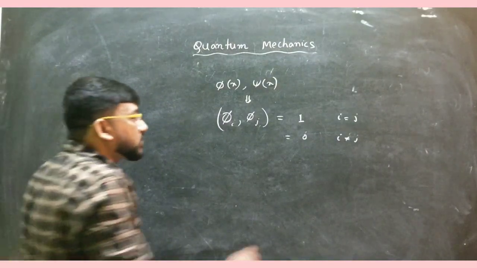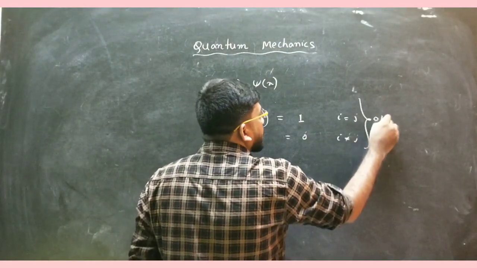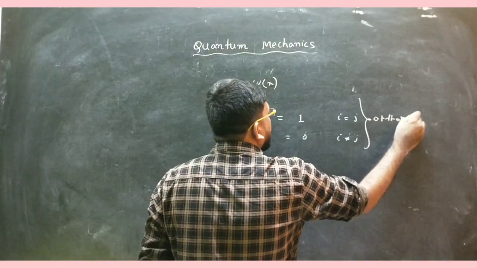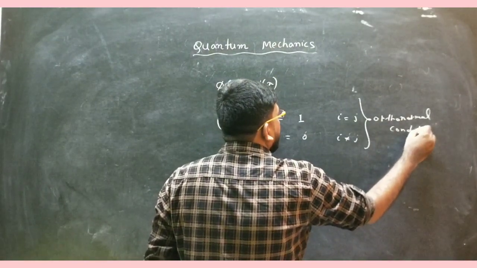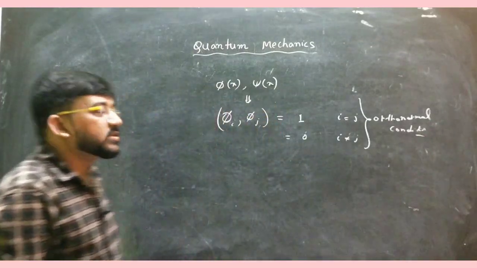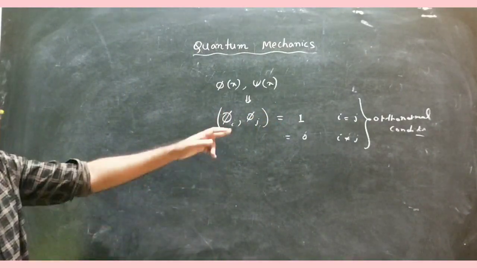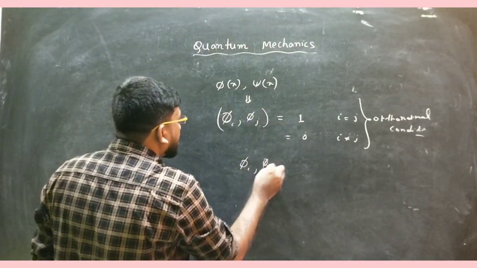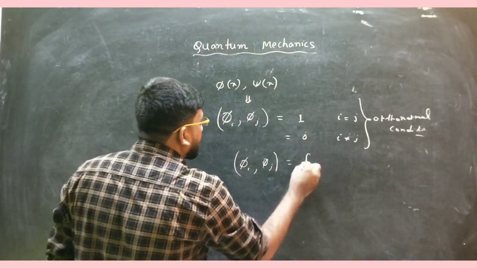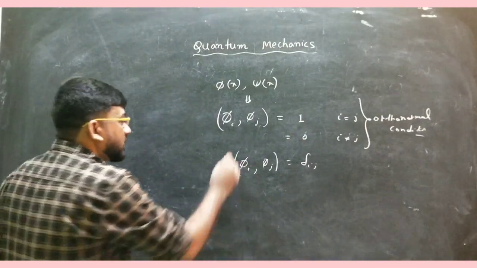Okay, so this condition is known as the orthonormal condition. You can write it by using the Kronecker delta notation: phi i with phi j is equal to delta ij.